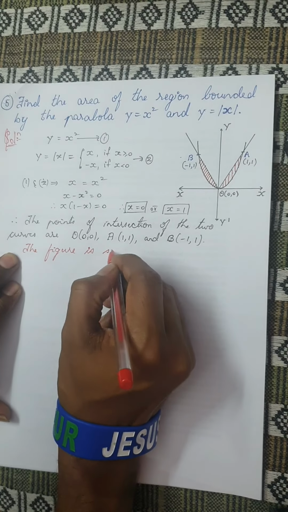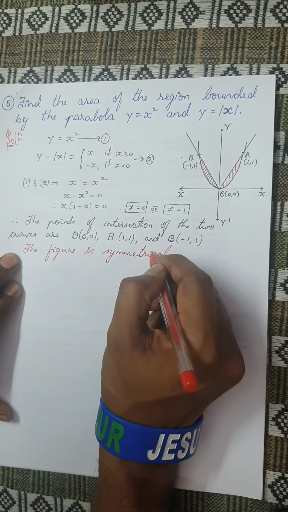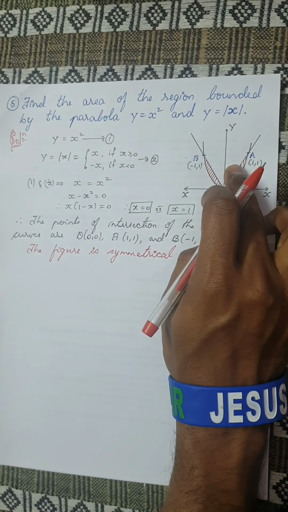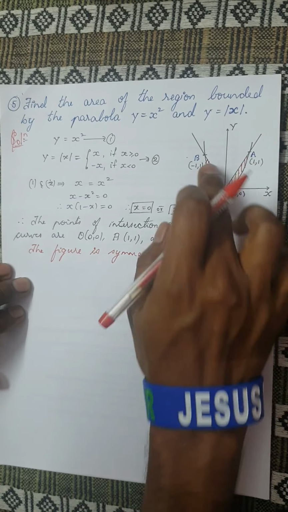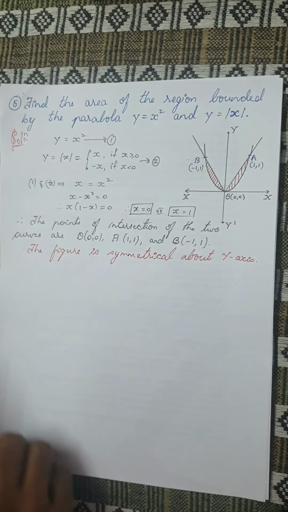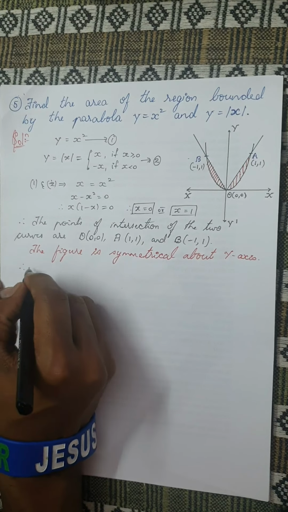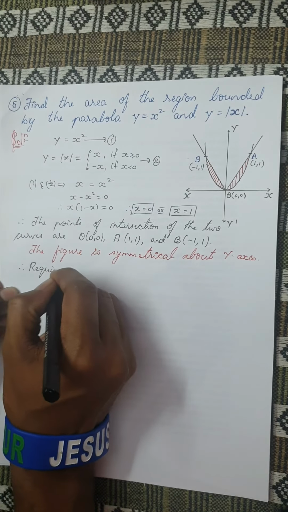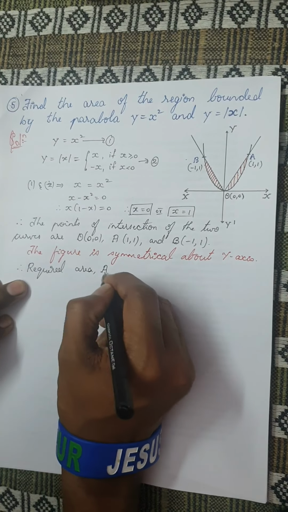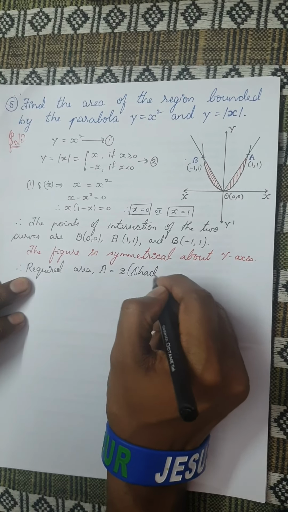The figure is symmetrical about which axis? It is the y-axis, because I am considering along the y-axis. The curve is symmetrical about the y-axis. Therefore, the required area A is equal to 2 times the shaded region.